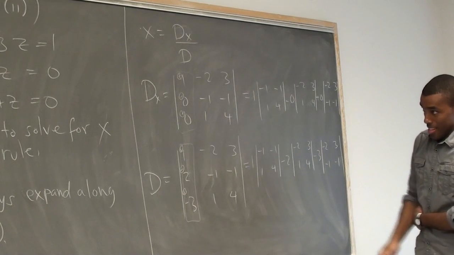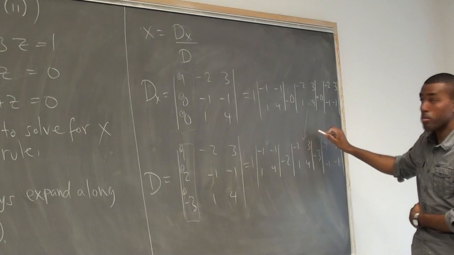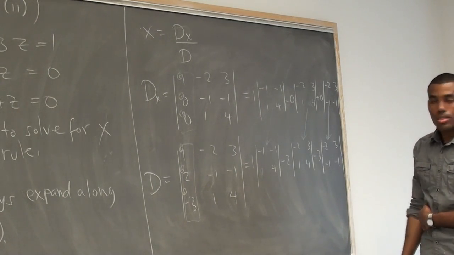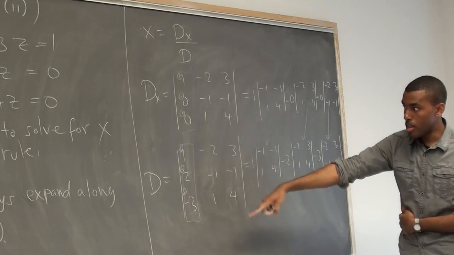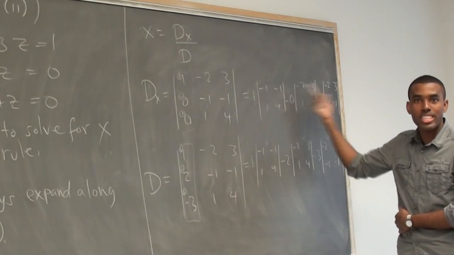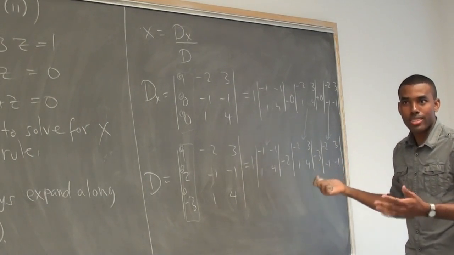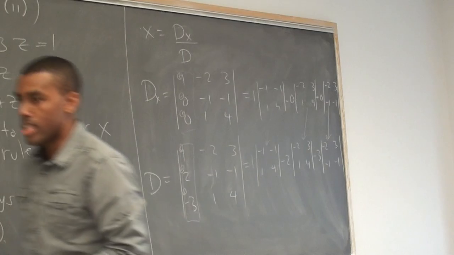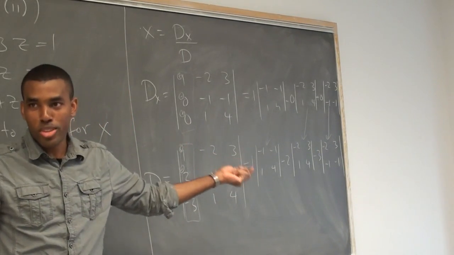But if you have a system where you didn't get 0, what do you notice? These determinants, you already computed them. It ends up being the same mini matrices. When you expand along the same column, you get the same mini matrices. So if you already did the work here, just plug the answers back in. So instead of doing 6 mini matrices, you can cut it down to 3 mini matrices.